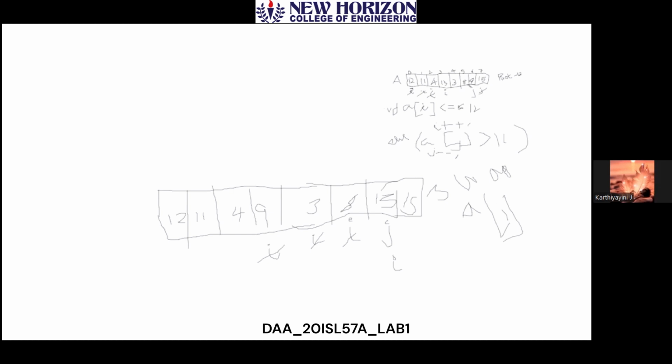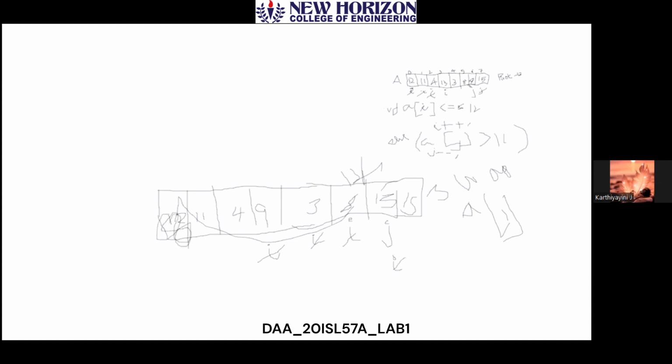Now I and J are in the same position, so I have to swap with respect to the value 12. If I swap here, 12 will come here and 8 will go here, and it will be settled down.